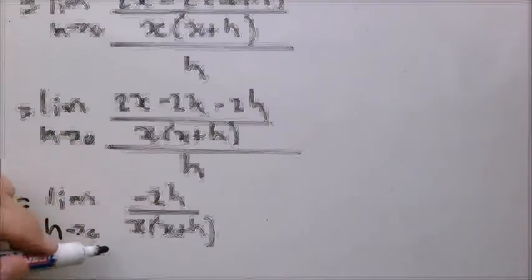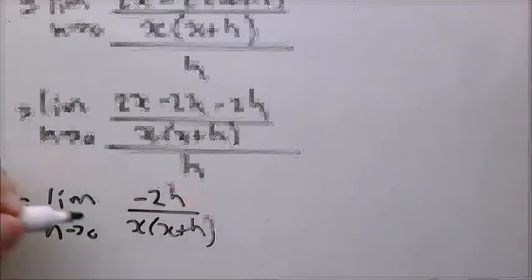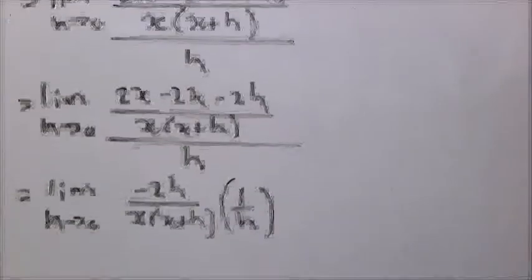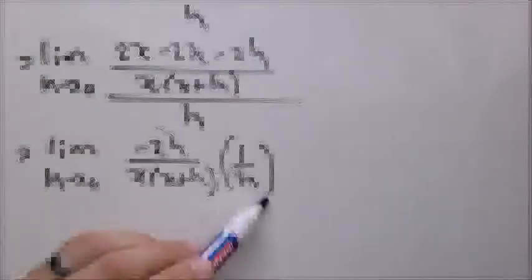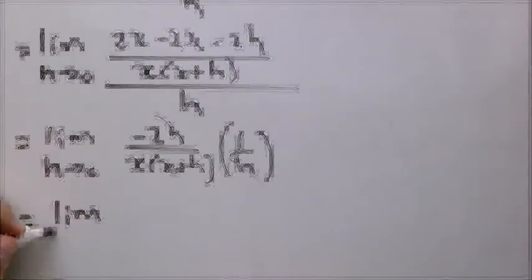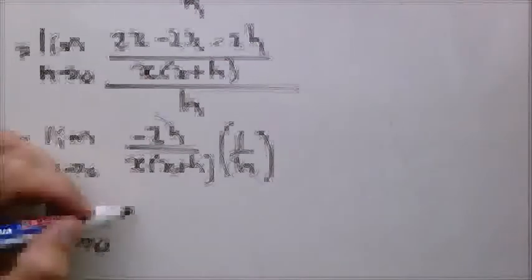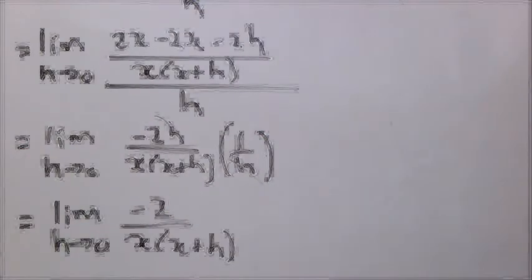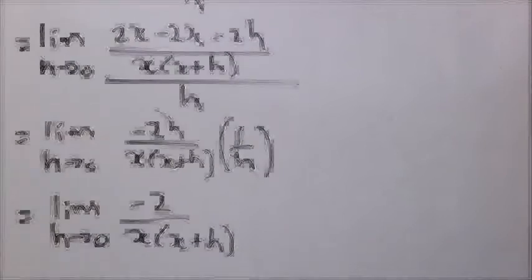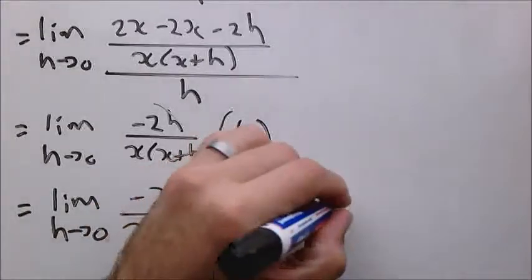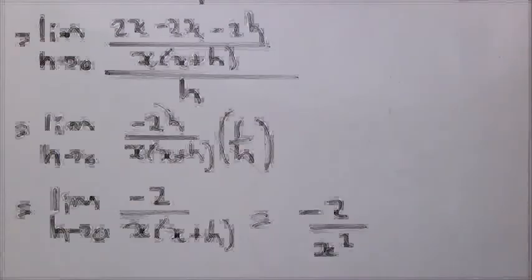The over h, I'm multiplying with the reciprocal, so it will become 1 over h over there. That means these two h's will cancel out, so you are left with the limit as h approaches 0 of negative 2 over x times (x + h). Now we can substitute h as 0, because it will not make it undefined, so that falls away. We are left with negative 2 over x squared, and that's the derivative from first principles.